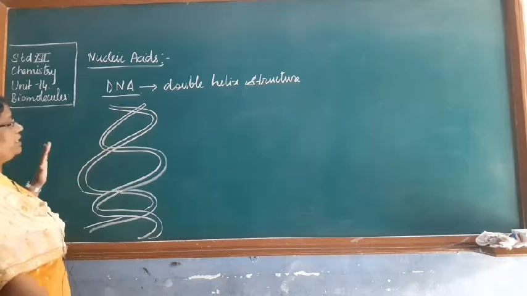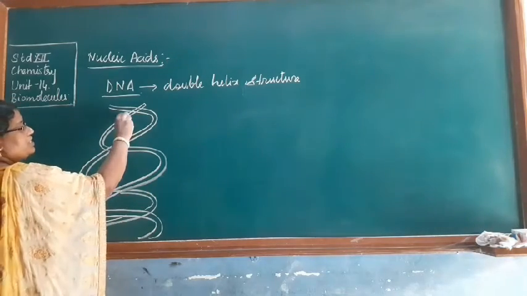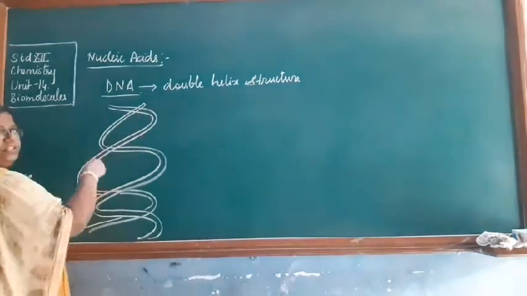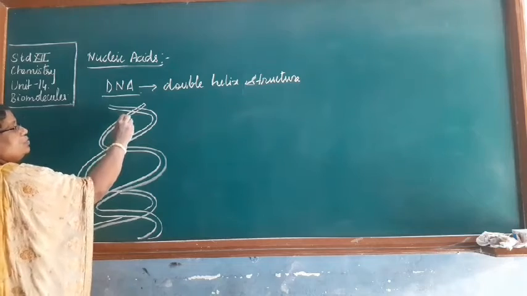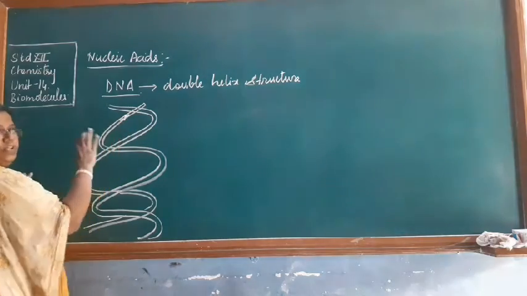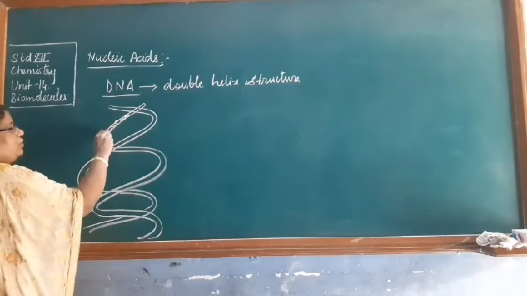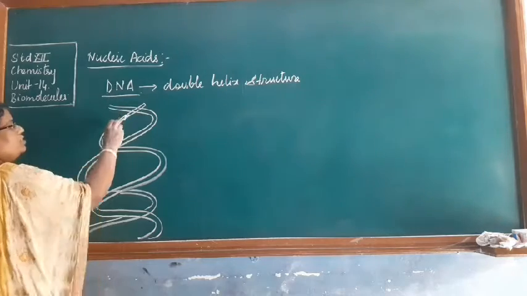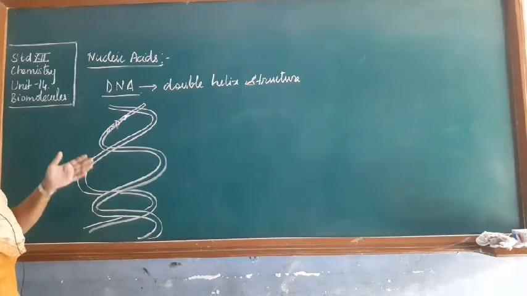Now in this double helical structure there are 2 strands you can obtain. So each strand, all of these strands, 2 strands you observe. At these strands you will have phosphorus, which is the part of the nucleic acid, and then you have the sugar. Okay, then you have phosphorus. I will write the sugar name as D because in DNA the sugar is deoxyribose.